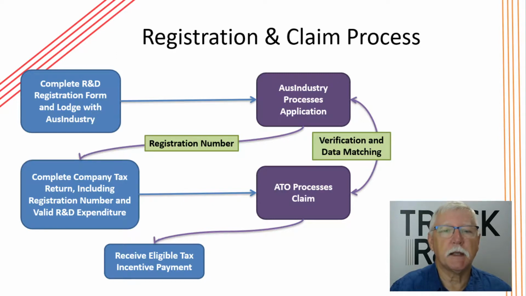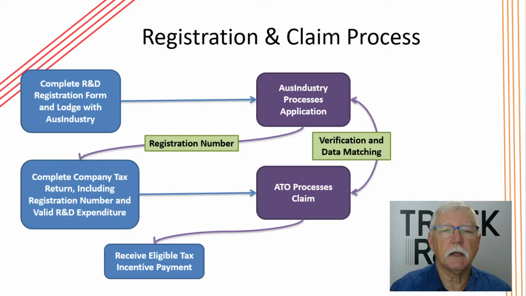AusIndustry processes the application and, subject to any queries or audit, provides a letter with a registration number. That registration number is used by your tax accountant to complete the relevant schedule within the company tax return, which is submitted to the ATO for processing.